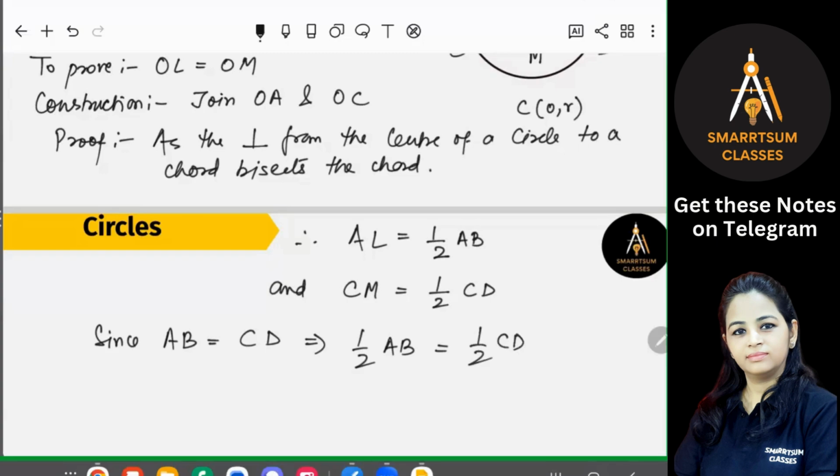If the two chords are equal, then their halves will also be equal, isn't it? By Euclid's axiom, right? So half of AB is what? AL. And what is half of CD? This is CM, right? So write down, half of AB is AL and half of CD is CM.